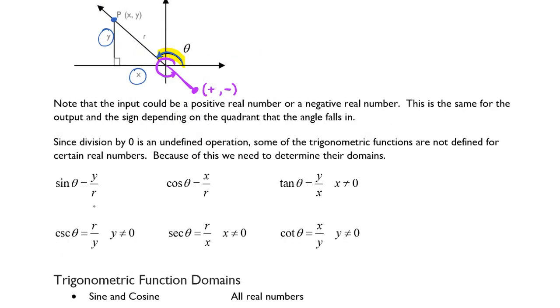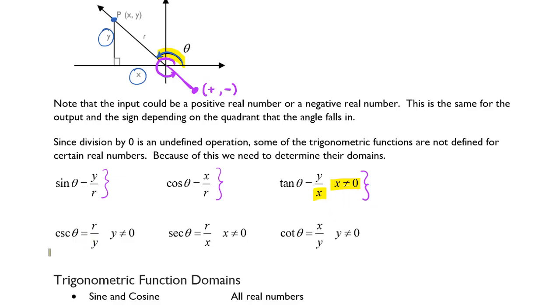And below we have this list of trigonometric functions where sine of theta is y over r, cosine of theta equals x over r, tangent of theta equals y over x, and now notice that we have to define x to not be 0, because if we had 0 in the denominator, it would be undefined, and we saw that in previous videos.